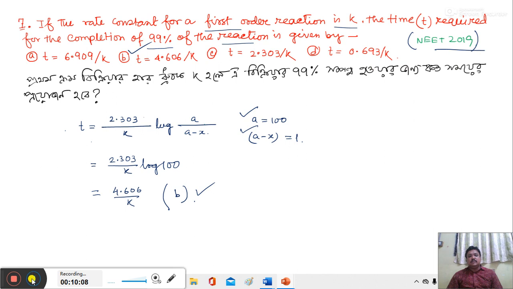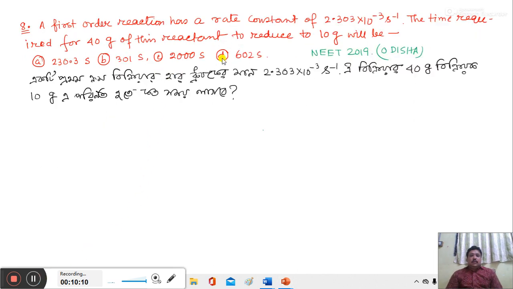My next question is, for a first order reaction the rate constant K value is 2.303 into 10 to the minus 3 second inverse. Time required for 40 gram of reactant to convert to 10 gram. So the initial amount is 40 gram and it converts to 10 gram.